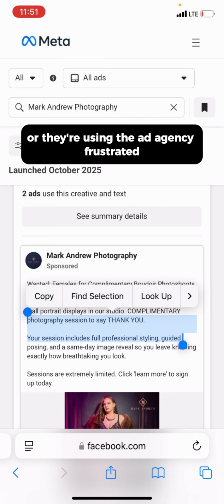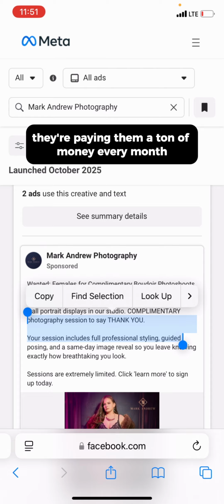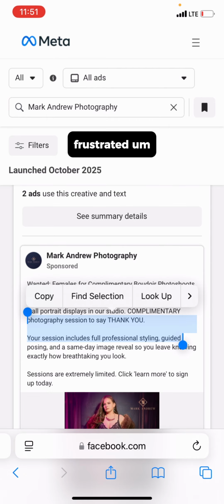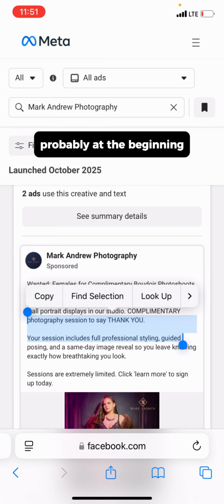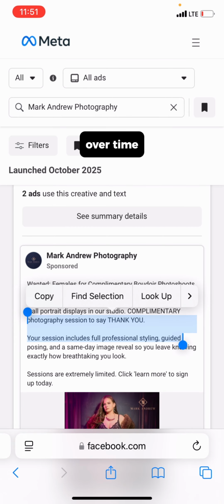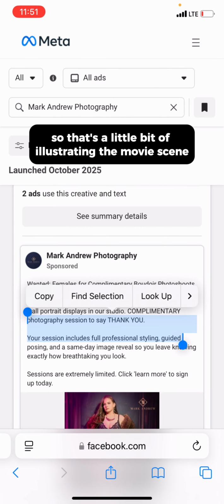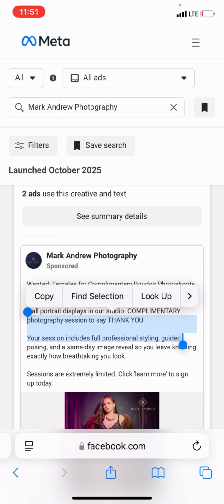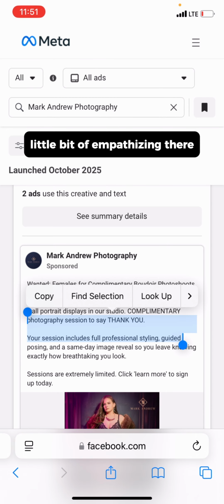Or they're using an ad agency, frustrated, paying them a ton of money every month, thinking, hey, you already gave me your best ads probably at the beginning, so why should I keep paying you if you just give me worse and worse results over time? So that's a little bit of illustrating the movie scene, a little bit of empathize in there.